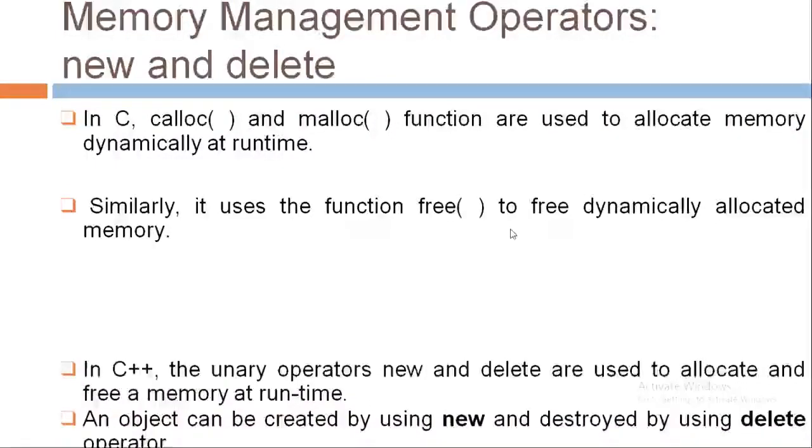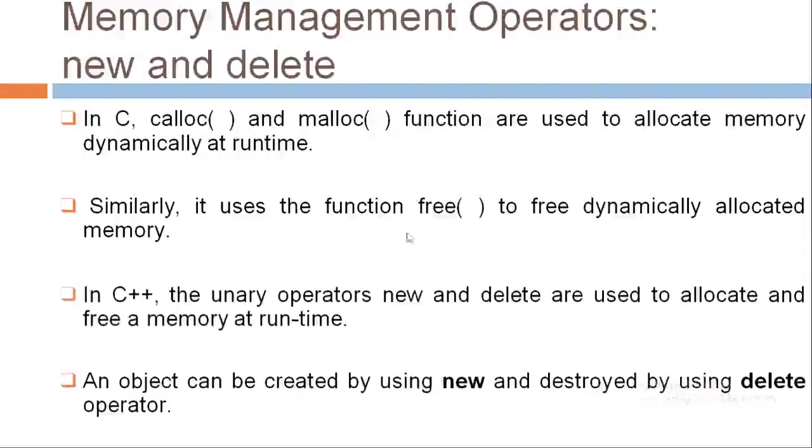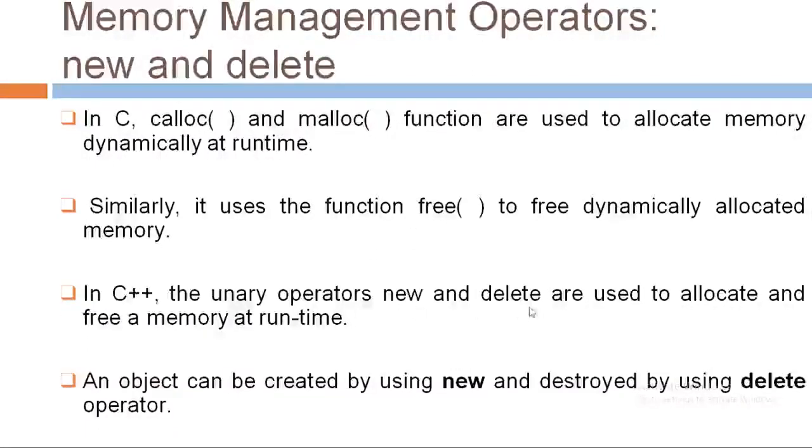Same way in C++ we have unary operators new and delete. New operator is used to allocate memory dynamically, and delete operator is used to deallocate or free a memory at runtime. An object can be created by using new and destroyed by using delete operators.